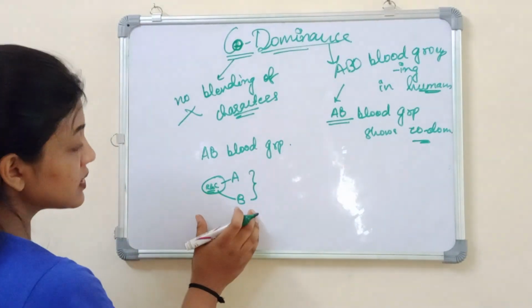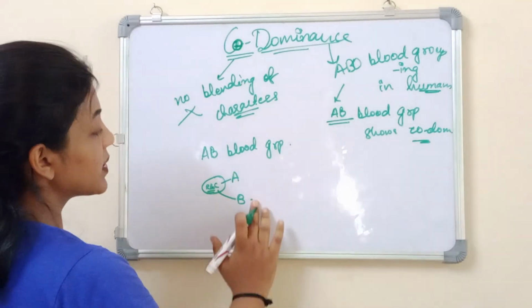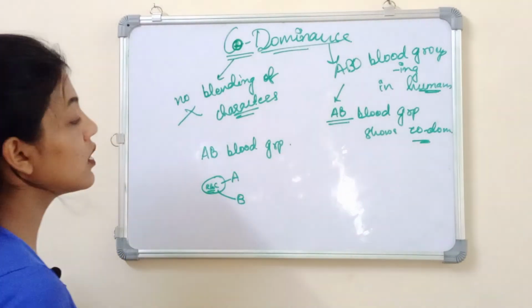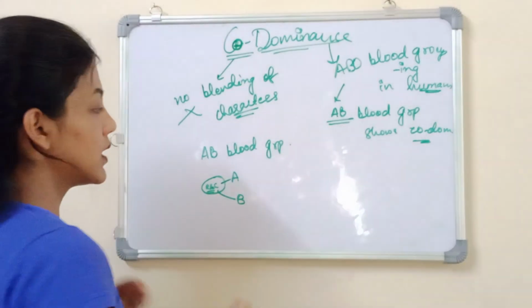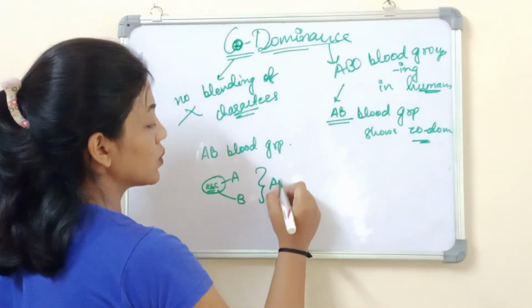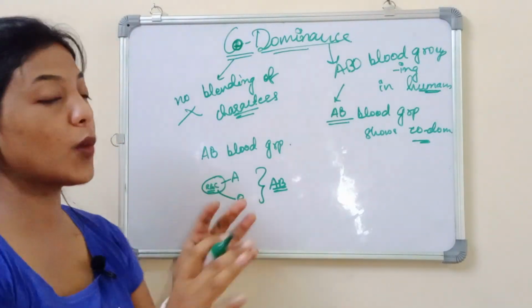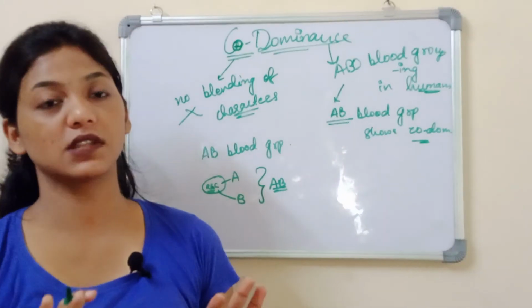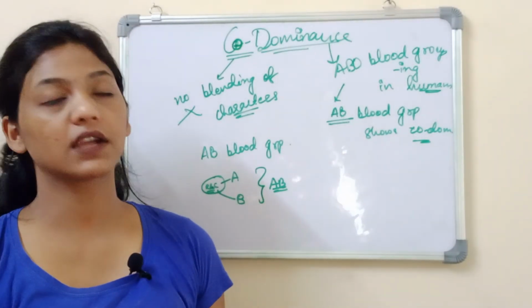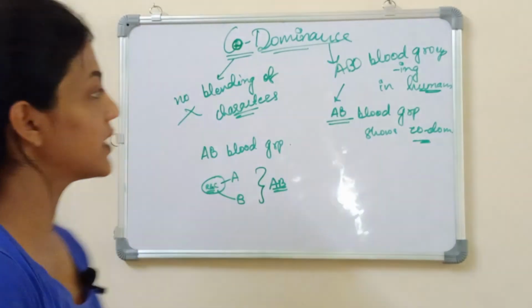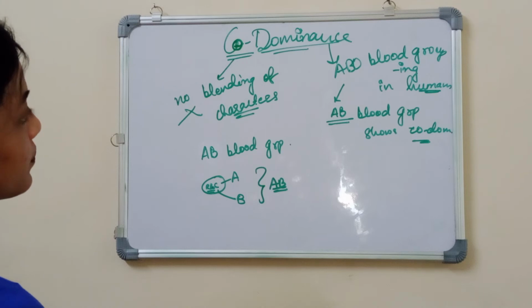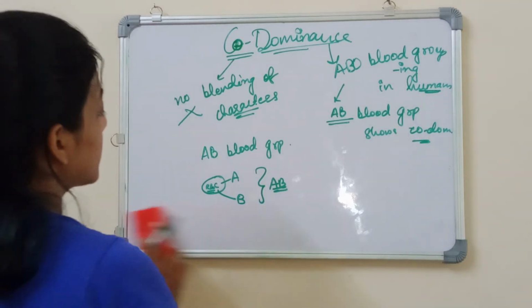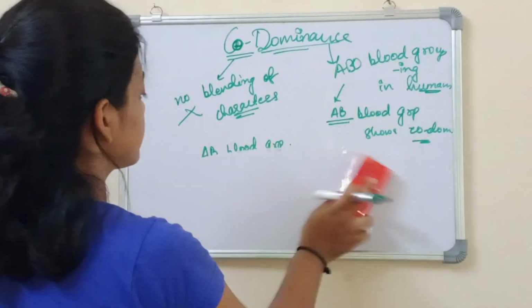And due to this codominance, the person cannot have only A blood group or B blood group. It has AB blood group because they are equally expressed. There is no blending of the character. Fine, so this is the example. I hope you understood.